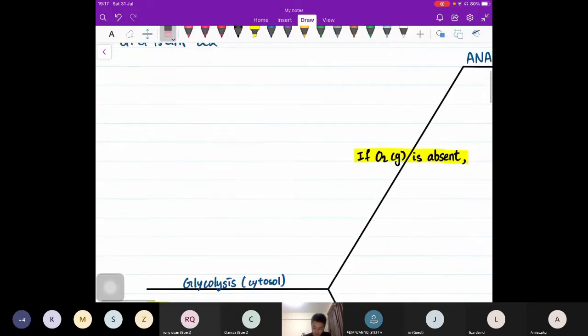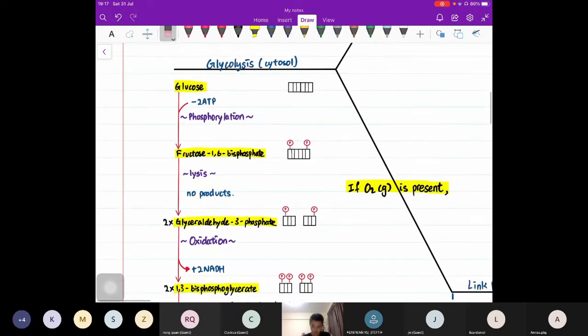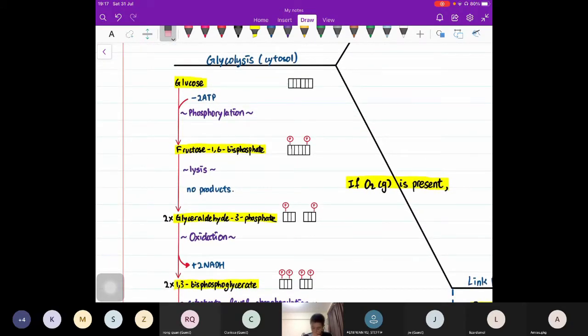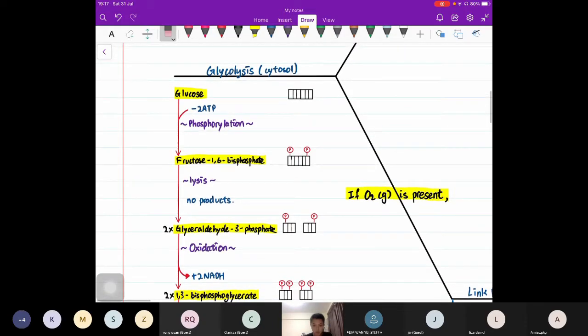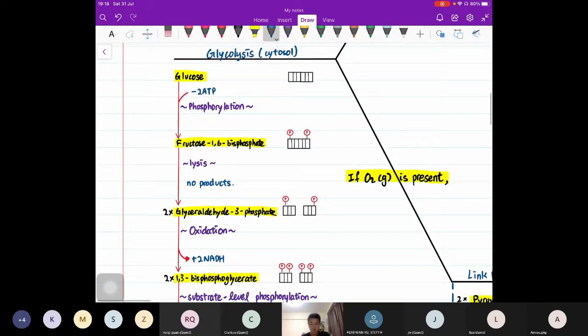Okay, so we'll start with glycolysis first. On the right side is your number of carbons, and on the left side is the molecule. In blue is what is needed and what is produced, so the raw materials and the products, and the ones in purple are the names of the reactions that occur.